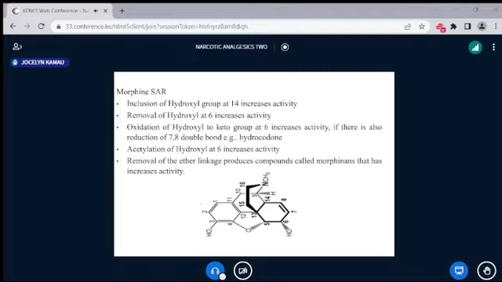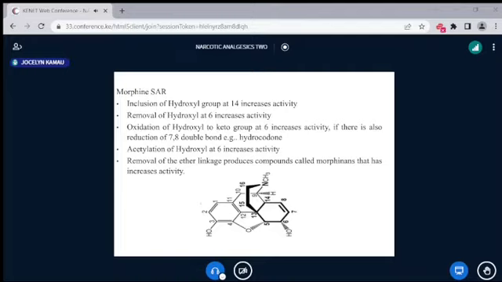Then there is an increase in activity. When you put a hydroxyl group at position 14, the resultant compounds are called oxy. So the oxy compounds will have much, much higher activity than most of the other compounds without a hydroxyl group at position 14. Again, this is general; we are going to look at examples in a minute.